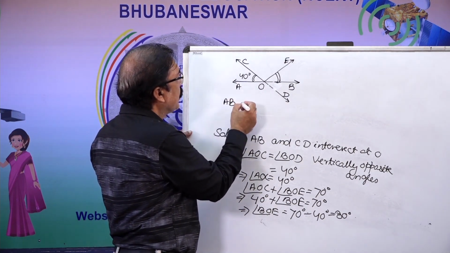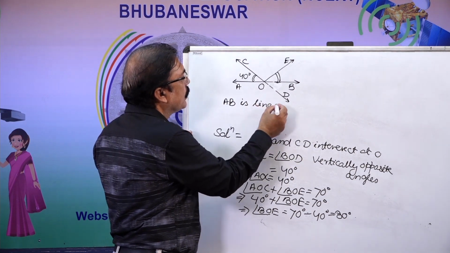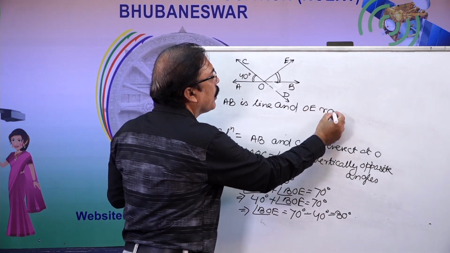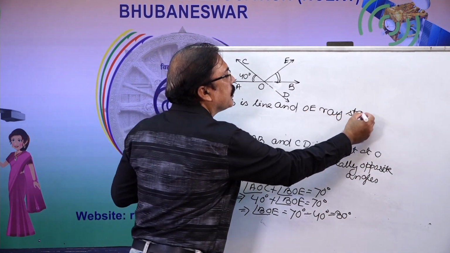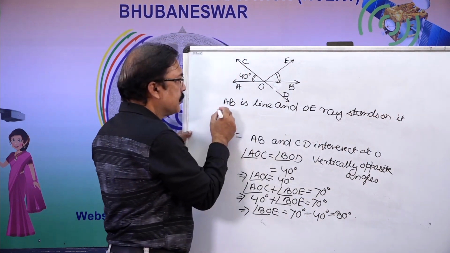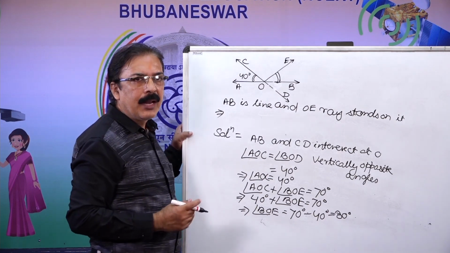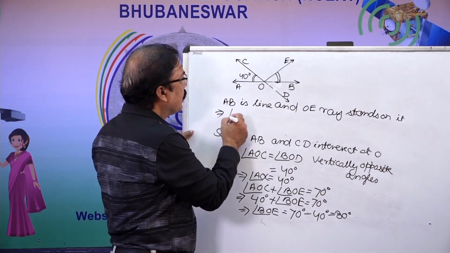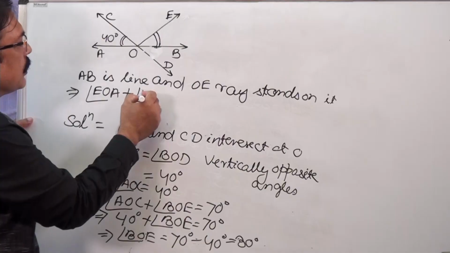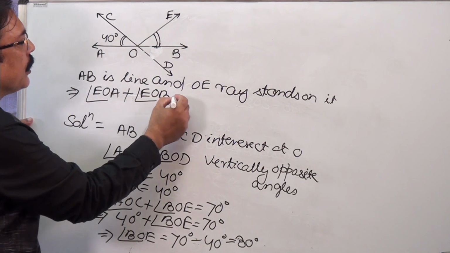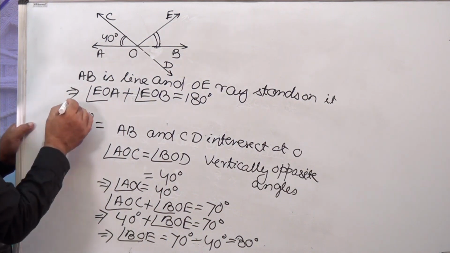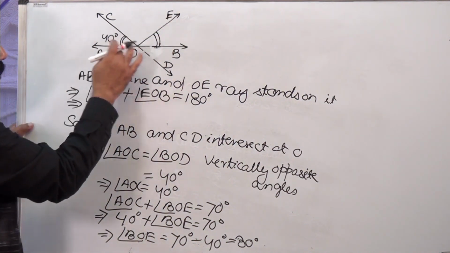AB is a line and OE ray stands on it. That means they form a linear pair, that is angle EOA plus angle EOB is equal to 180 degrees. Now what is EOA?